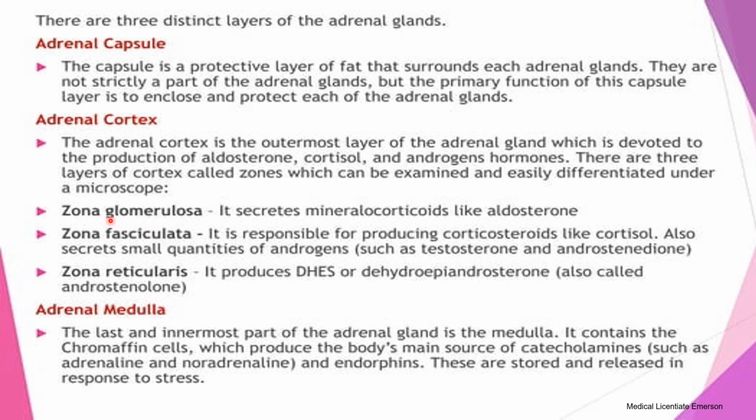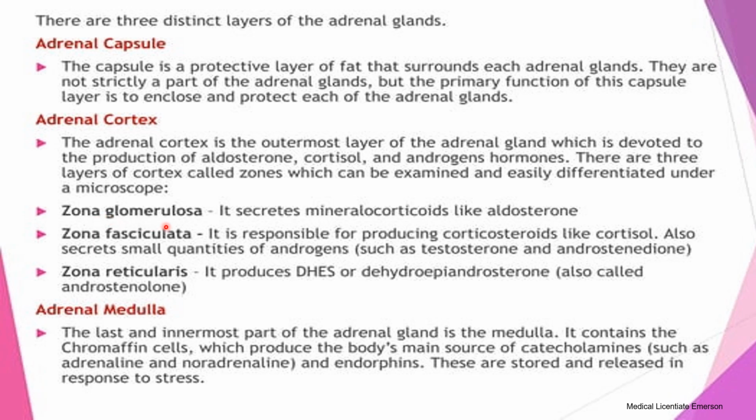Okay, and the easiest way, though it's hard to remember: zona glomerulosa begins with a G. So initially, it would make sense if zona glomerulosa produced glucocorticoids, but it doesn't. It's the opposite. What produces glucocorticoids is the zona fasciculata. So when you write glomerulosa, remember glucocorticoids and say, no, it's the opposite.